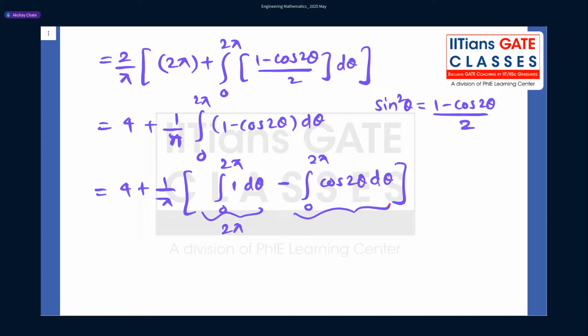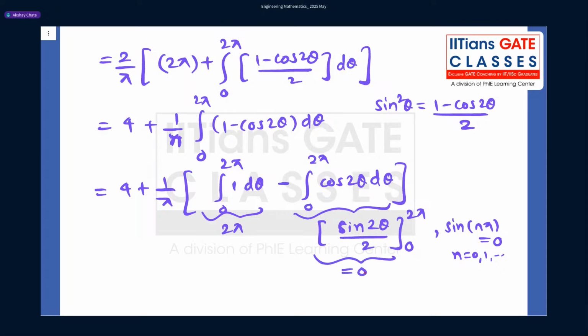The limits of integration are from 0 to 2 pi, and we know sine n pi is 0 for n going over the integers 0, 1 and so on. So sine 4 pi is 0 and sine 0 is 0. So this whole bracket is 0 only.